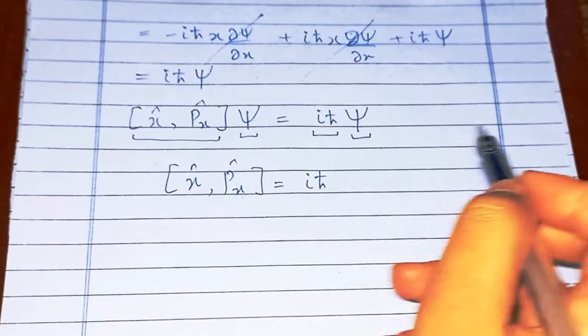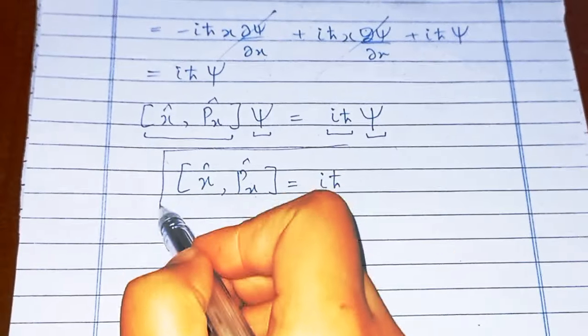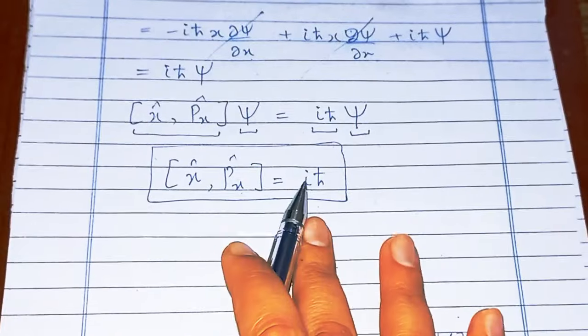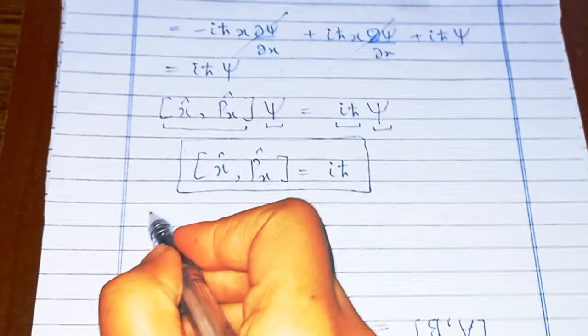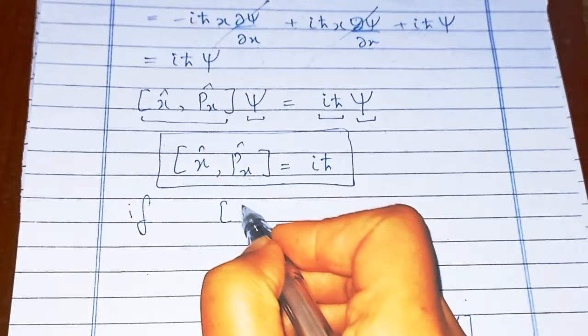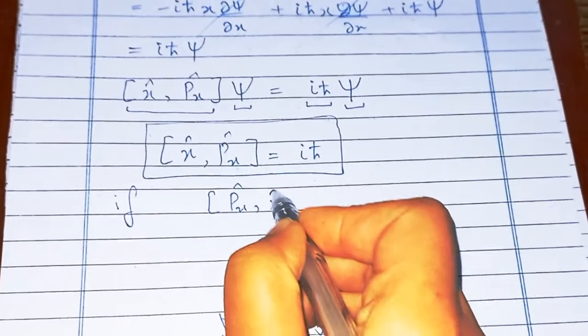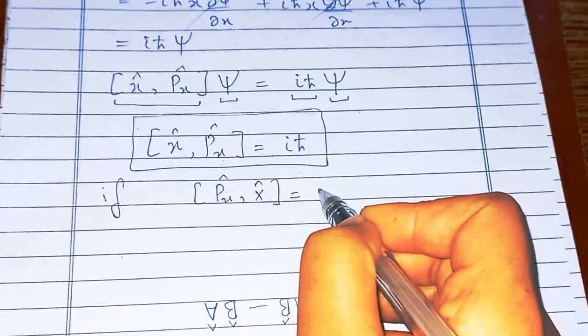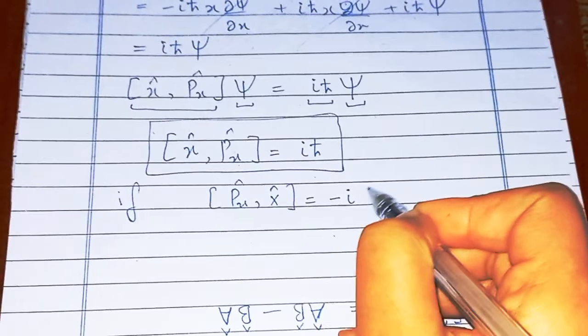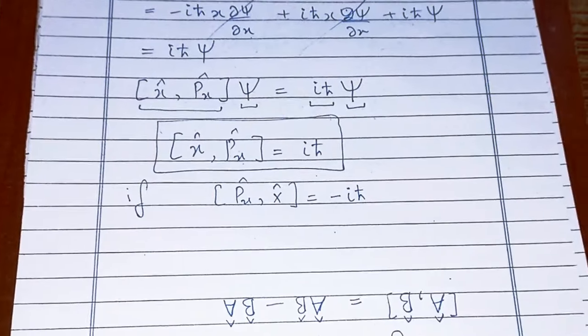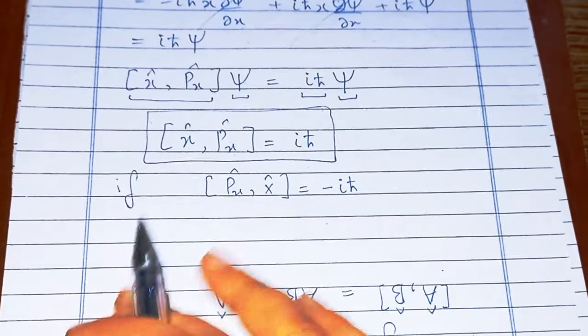This psi neutralizes and we have this thing at the end. Alright, and what happens if you replace it, like if we have px first and x second, then only the sign changes, like we will have minus iota h cut. Okay, so nothing else changes.